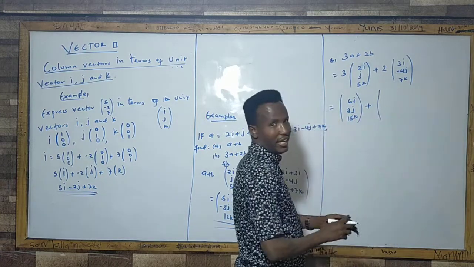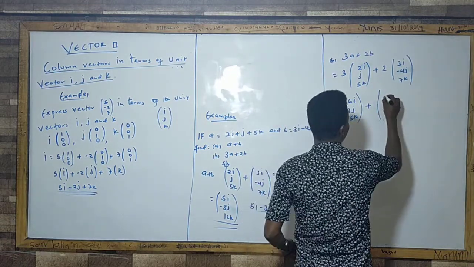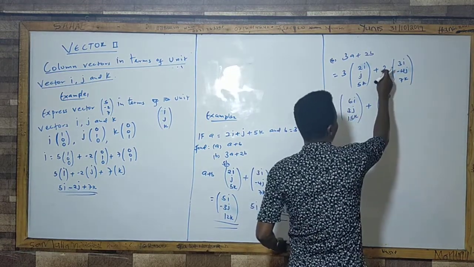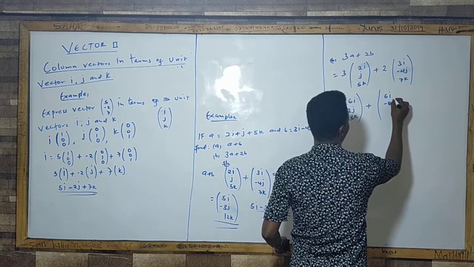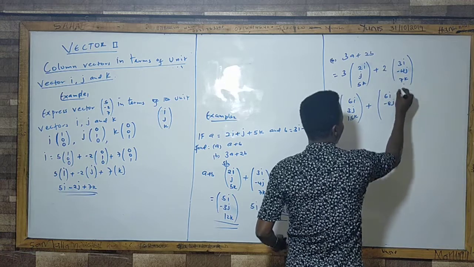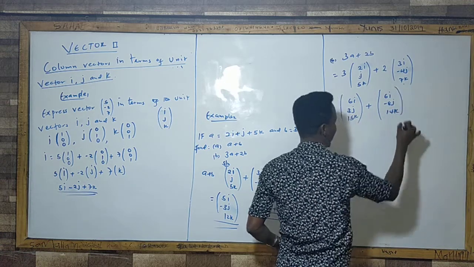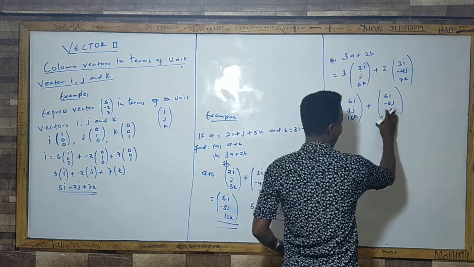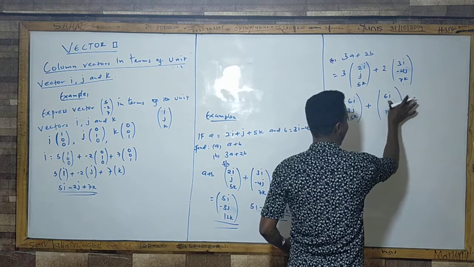Plus, open the bracket again. 2 times 3i, again that is 6i. This time it will be minus 8j. Then this time is 14k. And this is negative 8j.